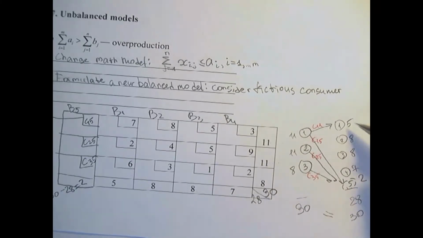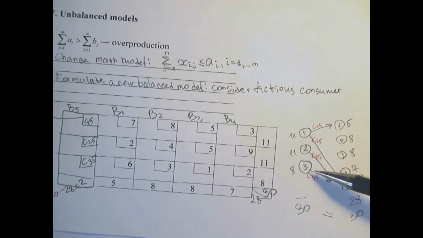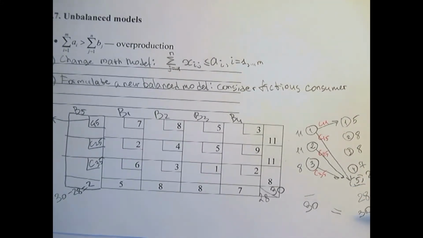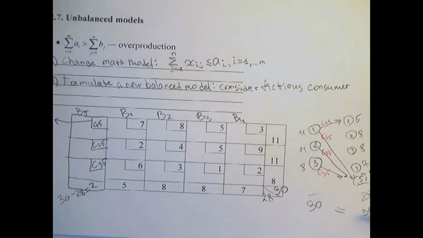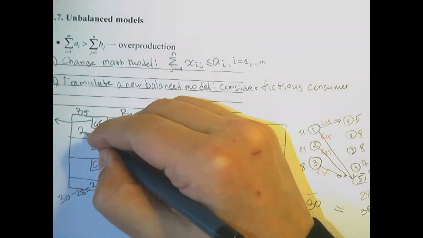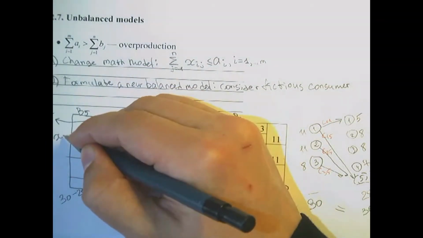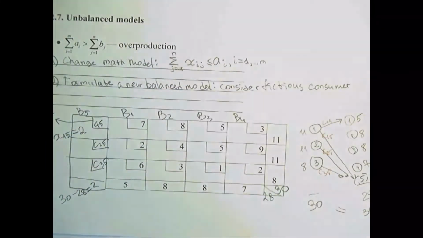After such a formulation of a new balanced model, we may continue with solving this problem. Assume that we found an optimal solution, and for this fictitious customer a certain amount, for instance 2 units, appears in this cell: x15 equals 2.